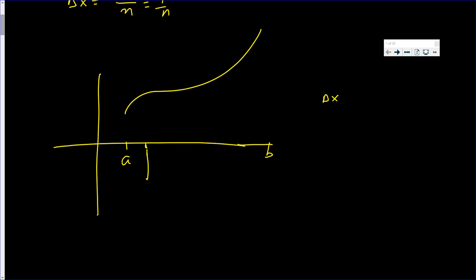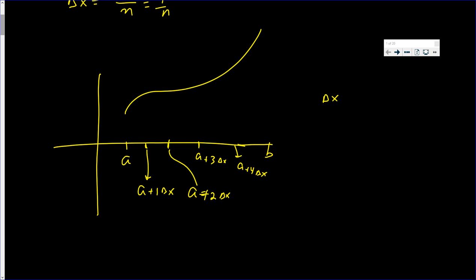This here is going to be a plus 1 delta x, and the next partition will be at a plus 2 delta x's. The third one will be a plus 3 delta x, and the next one will be a plus 4 delta x, et cetera.